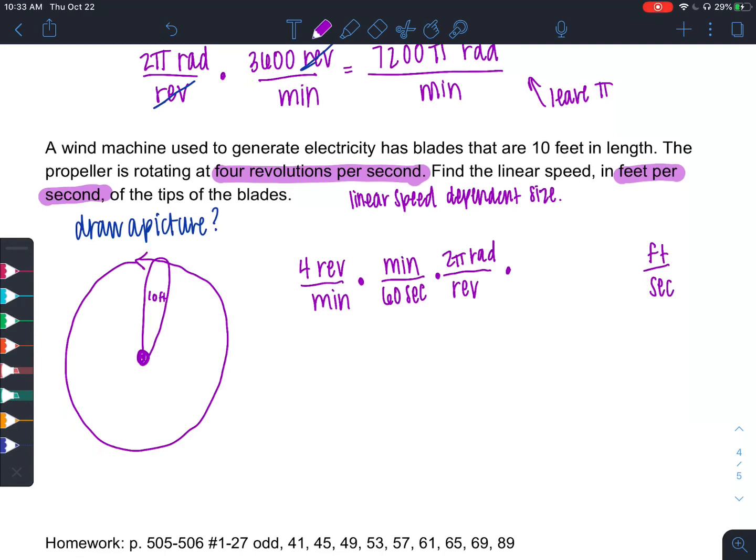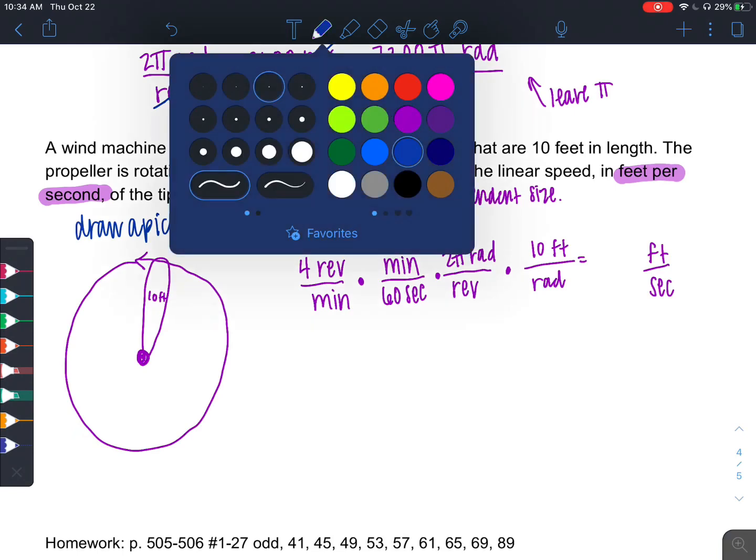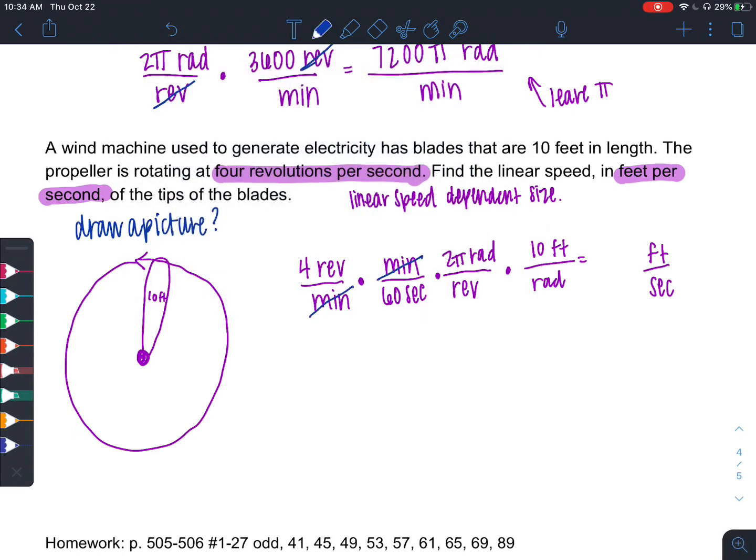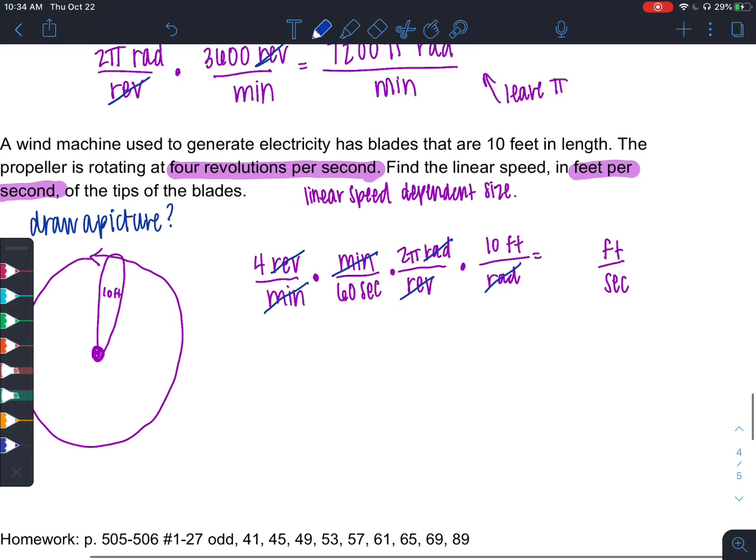So our radius is 10 feet. So then our minutes cancel with minutes, our revolutions cancel with revolutions, and our radians and our radius cancel. And so then we are left with 4 times 2 pi times 10, so 80 pi over 60 seconds, and that's feet per second.